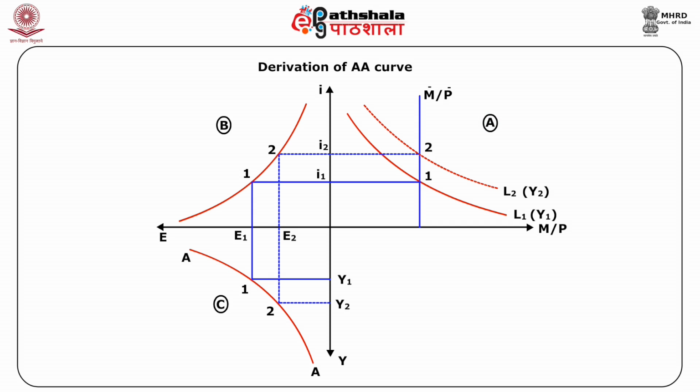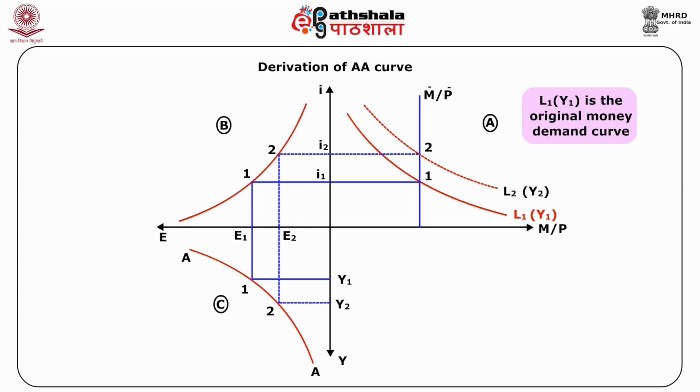Panel A shows the relationship between real money balances and interest rates. Assuming that nominal money supply and domestic price level is given, real money supply is given at M bar by P, thus it is a straight vertical line. Money demand is as usual downward sloping, showing negative relation between interest rates and real money balances.